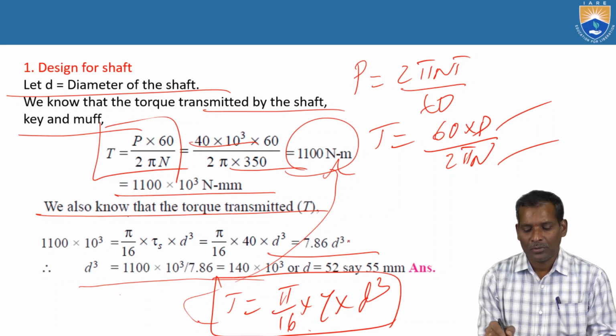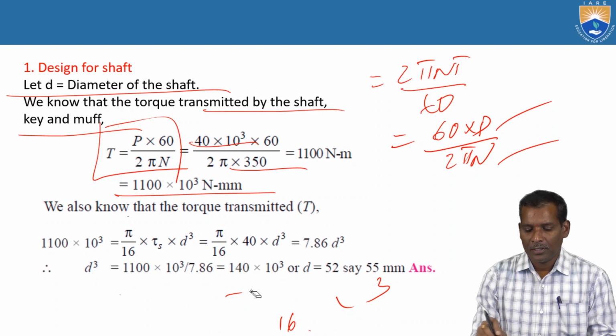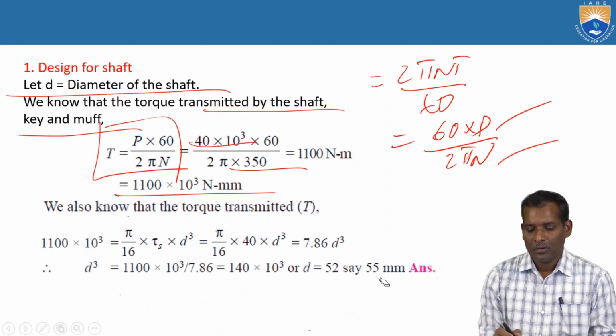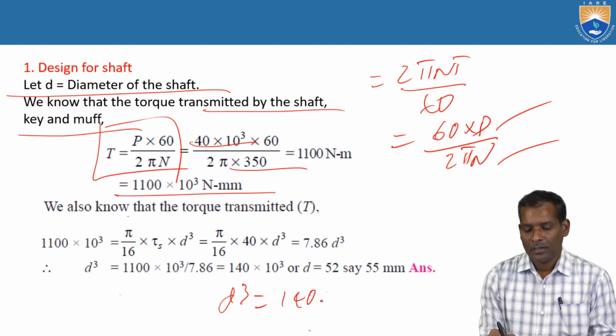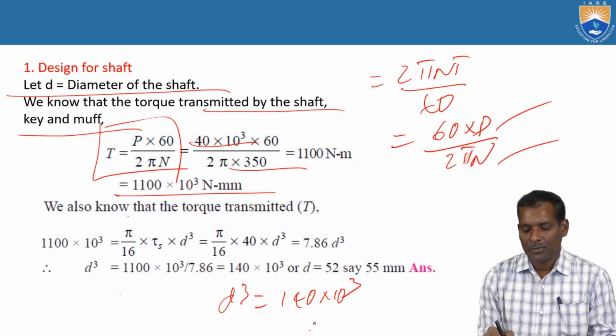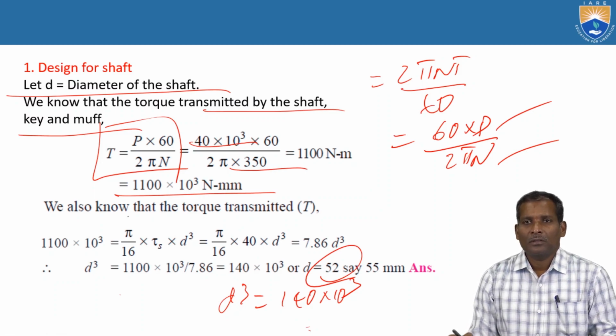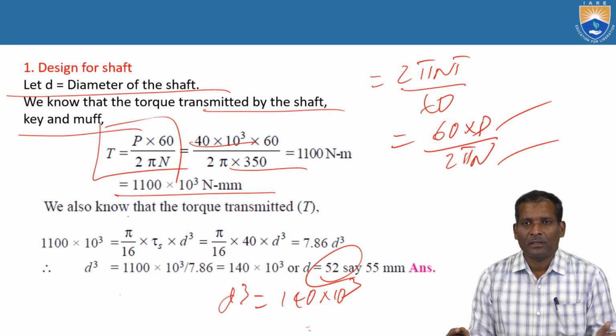So d cube is equal to 140 into 10 cube mm cube. So d is equal to, the obtained value is 52. So you can take 55 mm as per the standard dimensions of the shaft.